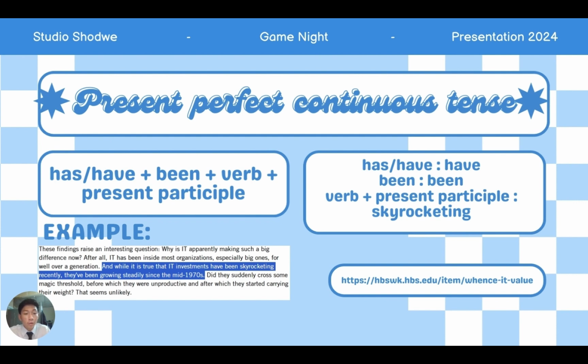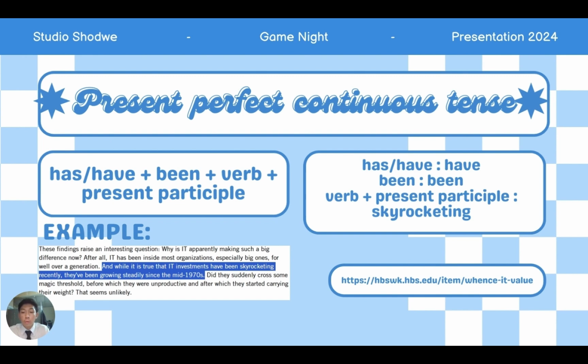Did they suddenly cross some magic threshold before which they were unproductive and after which they started carrying their weight? That seems unlikely. In the article, has or have is have been, and the verb plus present participle is skyrocketing.